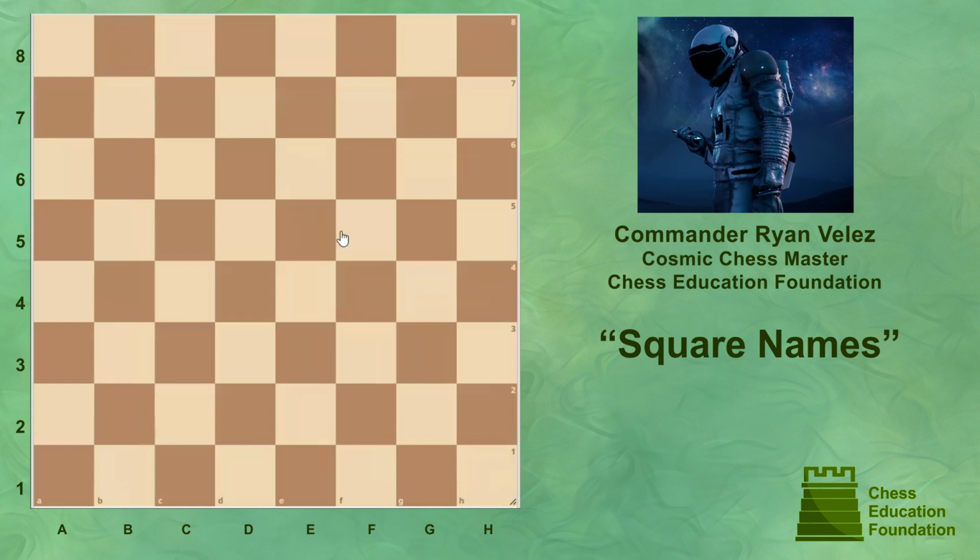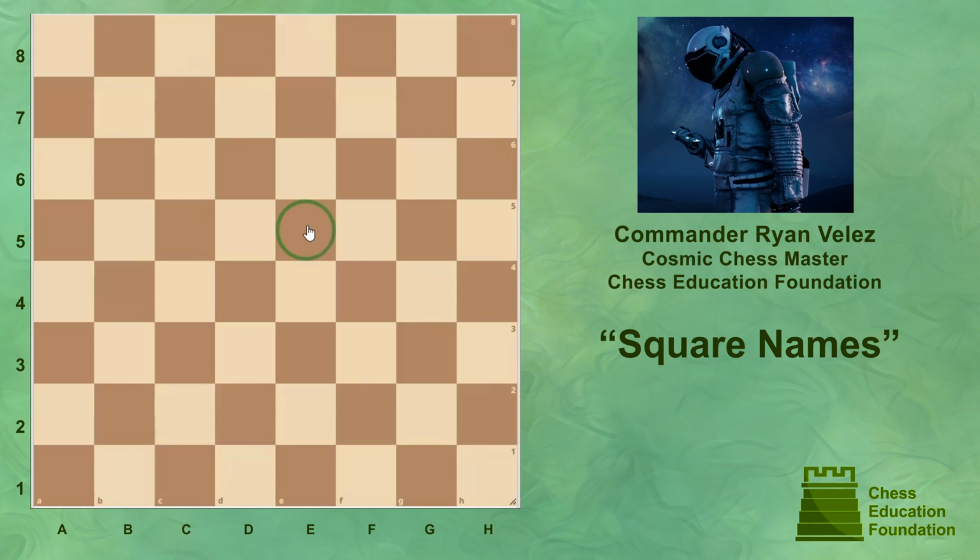So let's do a little bit of square finding. Before I put it on the screen, I want you to try to look at the board and think about where is the E5 square. Okay, here it is, E5.